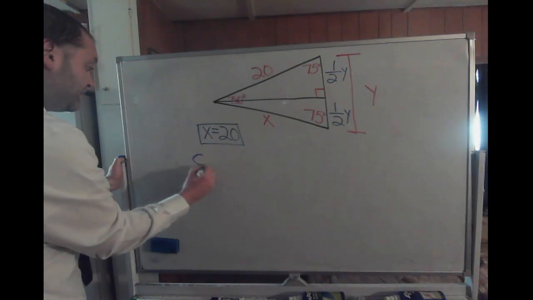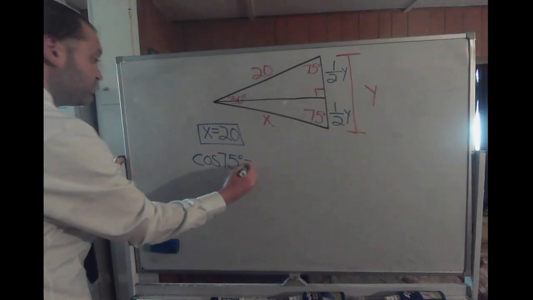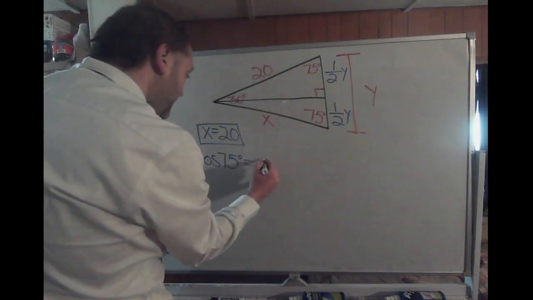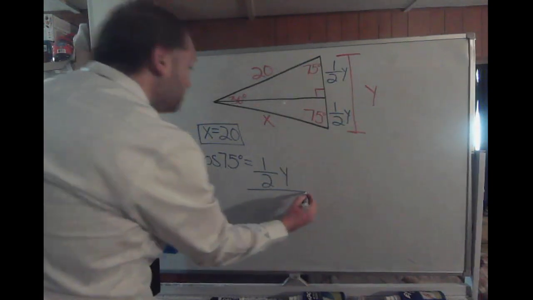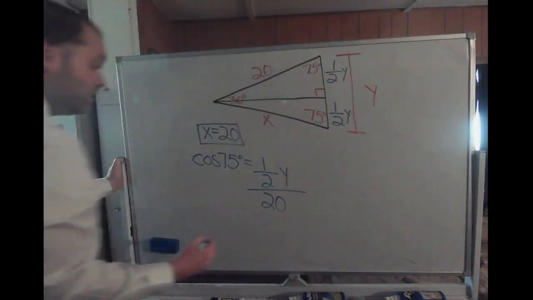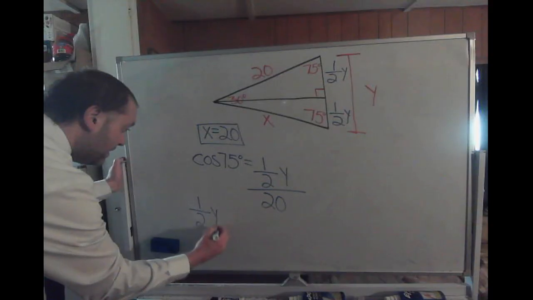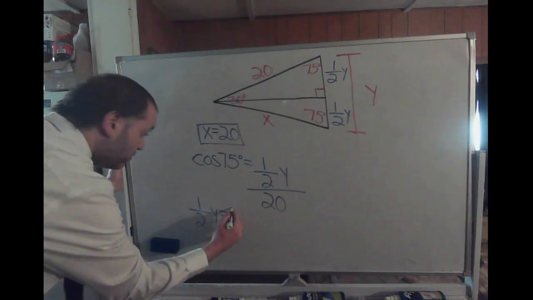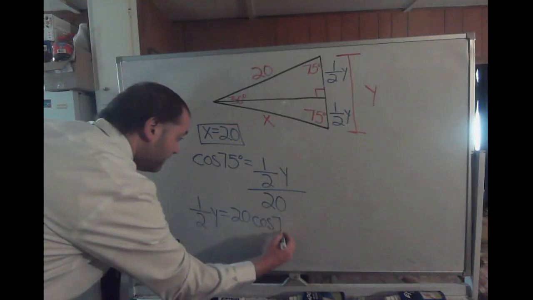So take the cosine of 75 degrees, that's going to be equal to your adjacent leg of half Y all over your hypotenuse of 20, which then means you should get that half of Y is equal to 20 times the cosine of 75 degrees.